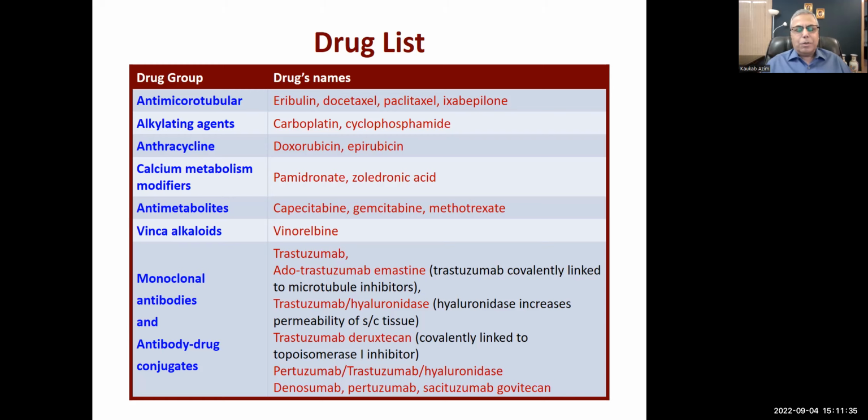You have to memorize all these drugs. We are not going to go into a lot of details of these drugs. And I'm not going into the pharmacology of these drugs, although I have a lot of slides on the pharmacology of drugs that are used for breast cancer treatment, but then that will make the lecture too long. If someone is interested in that, I can post a lecture on that. You can listen to it, okay?